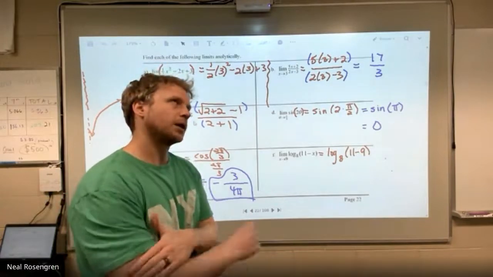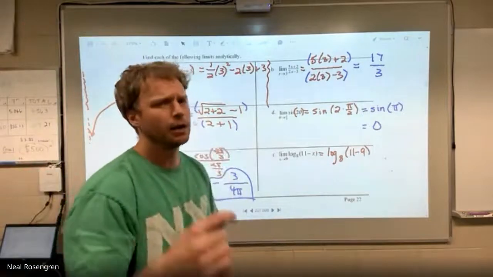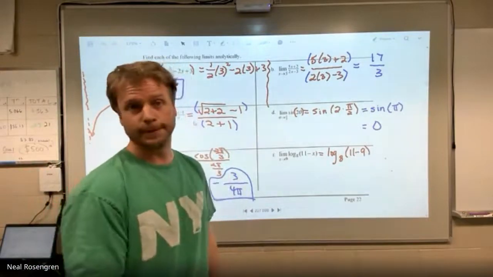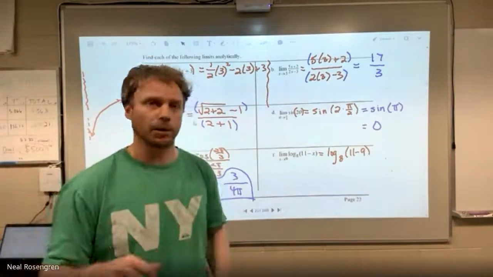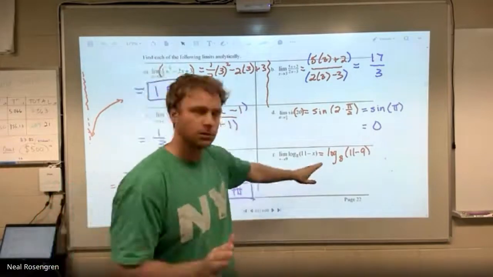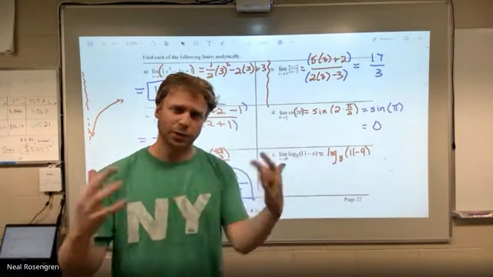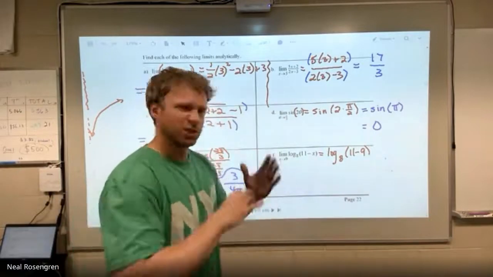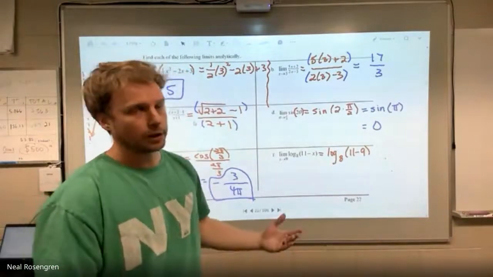I think it's math, and you have to scroll down to I think it's option A, which is log base. So you press the log base button. It will have 2 empty spaces, one for the base, which will be 8. And then you press the right arrow, which will take you into the argument, which is the stuff inside the parentheses. And you can just type 11 minus 9, or you can type 2.